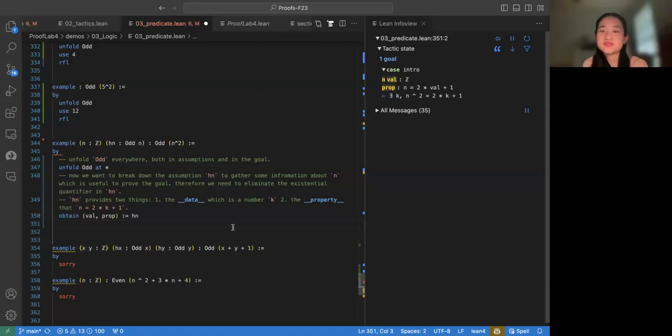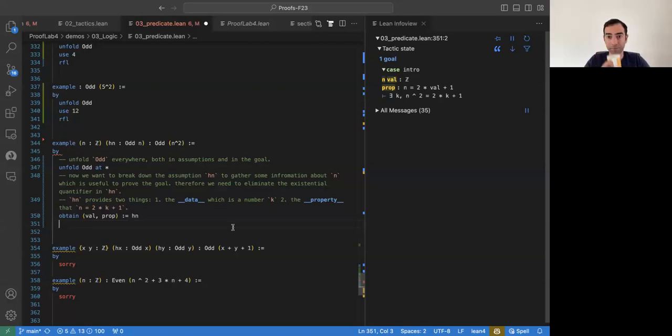What if I use both? Yeah, sure. You can use anything that is before this blue so-called turnstile. So anything before this, it's up for grabs. But now, we are looking for a K.